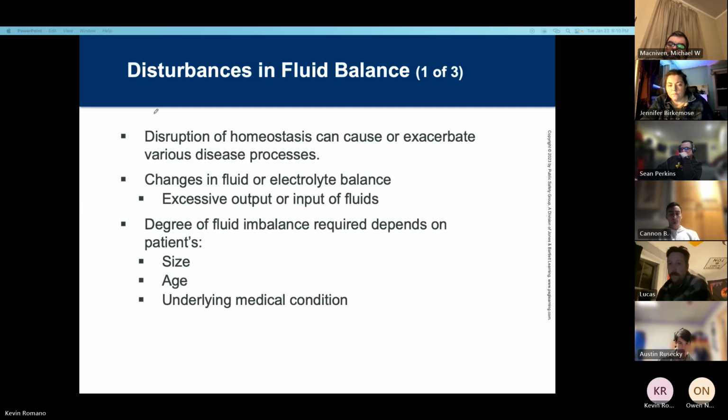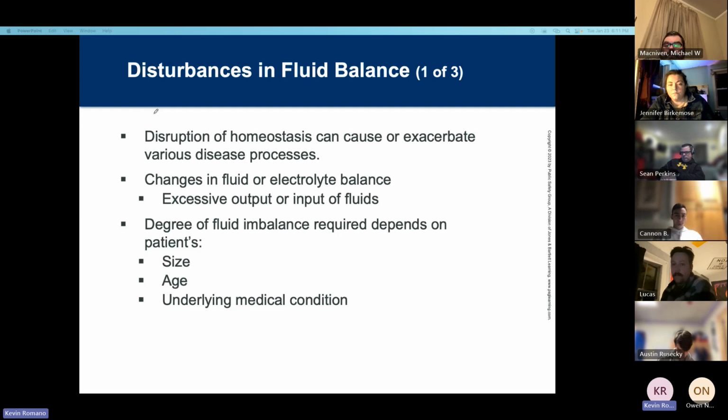All right, so disturbance in fluid balance. We do a lot with fluid balance, right? At the advanced level, we can give fluid like no tomorrow, but we have to make sure we're giving the right amount. So we'll talk about that here in a second. Changes in fluid and electrolyte balance that disrupt homeostasis can either cause or exacerbate various disease processes.